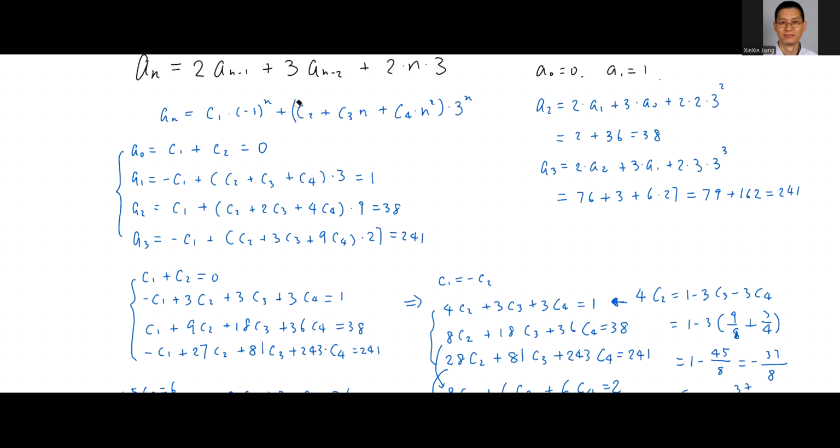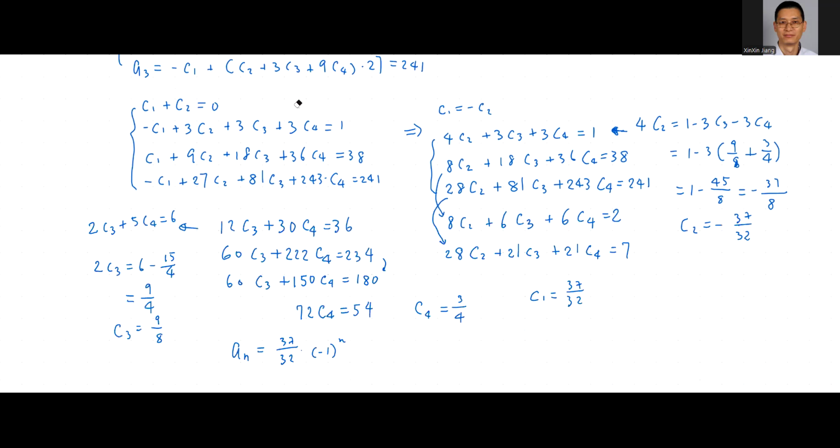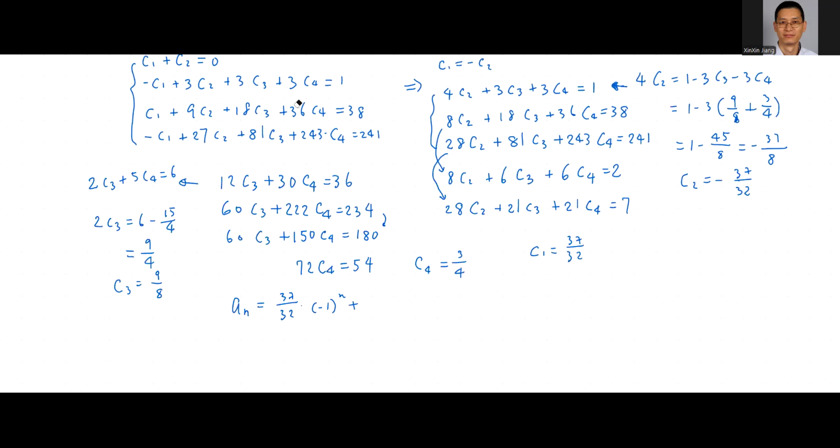Let's move down, plus C2, which is negative 37 over 32, plus C3, where's C3?